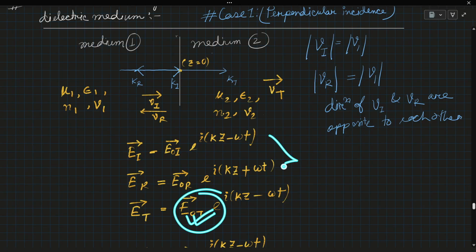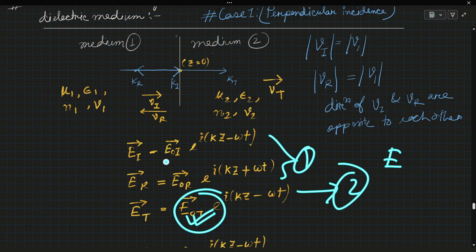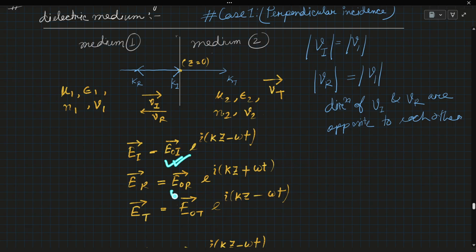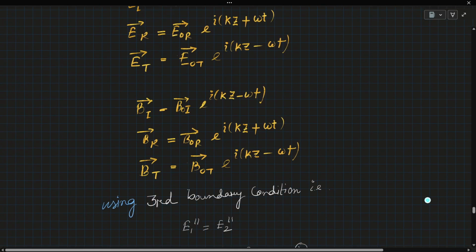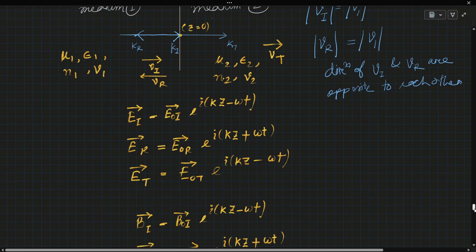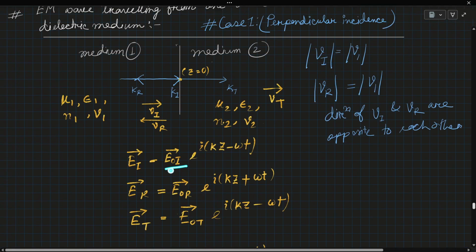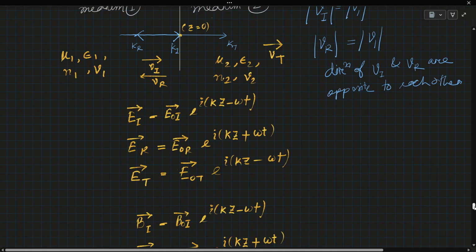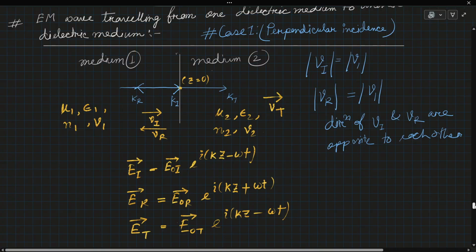So for E1, we have to add E0i and E0r. But this is the parallel component, so we have to take only the parallel component. Let me write it down.